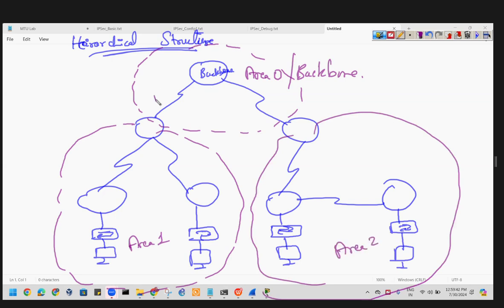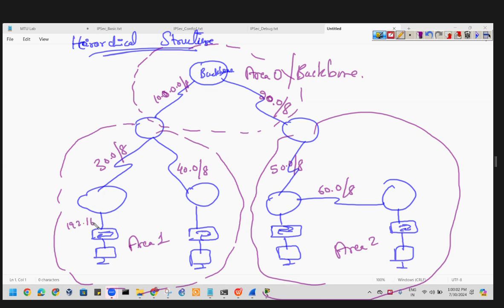I'm using the 10.0.0.0/8 network, this is 20.0.0.0/8 network, 30.0.0.0/8 network, 40.0.0.0/8 network, 50.0.0.0/8 network, and 60.0.0.0/8 network.